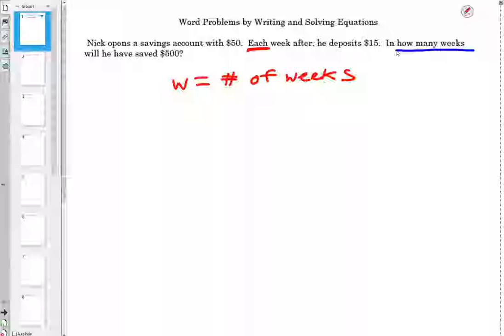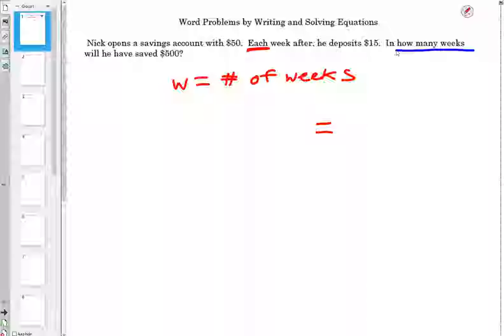Each is one. I was looking for a word that gave you equals. If you see on the paper I gave you, like the word is. I know because I did this last period. Exactly: when something is exactly something else, that means equals. But I don't really see a word that means equals here.